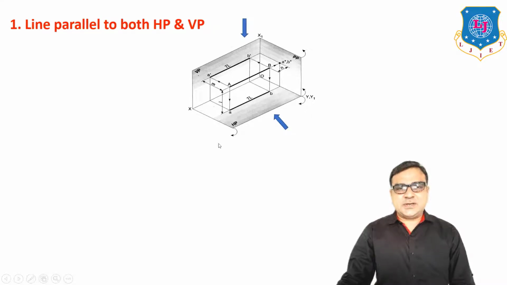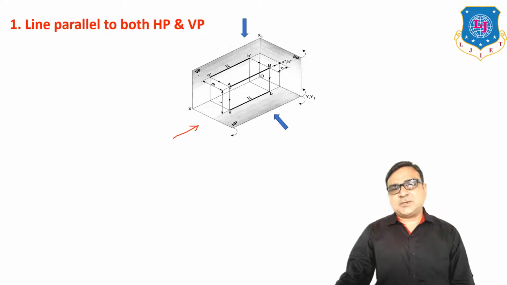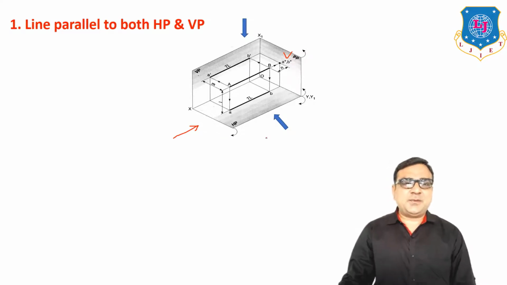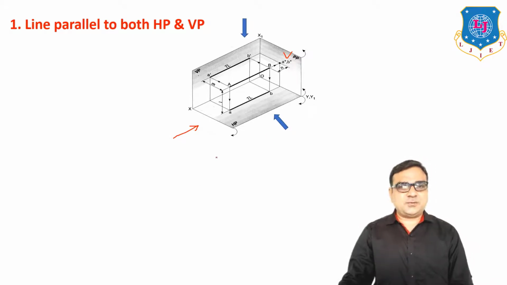In this way, if you observe the object from the left hand side, suppose this is the position for left hand side view, the projections of A and B obtained on the profile plane are A double dash B double dash. But at present we are interested in only the front view and top view.